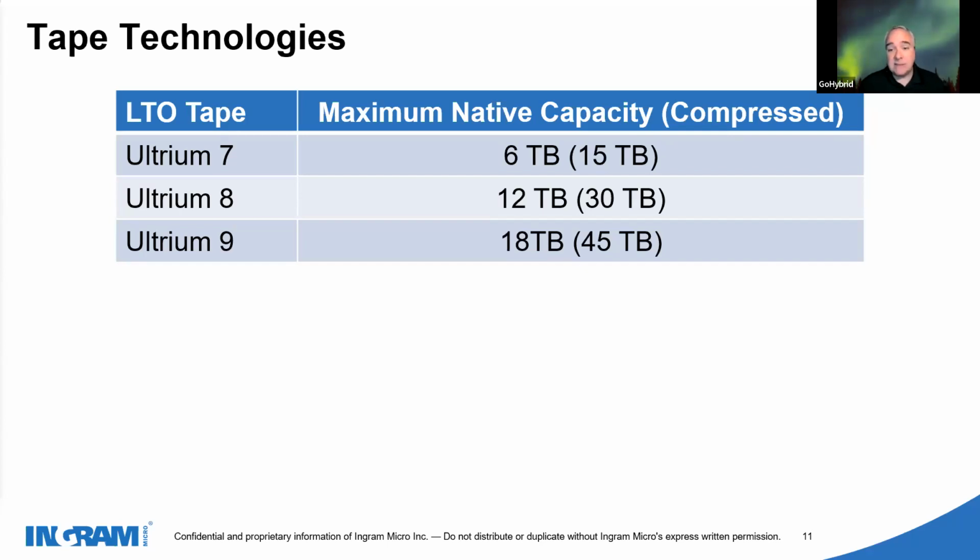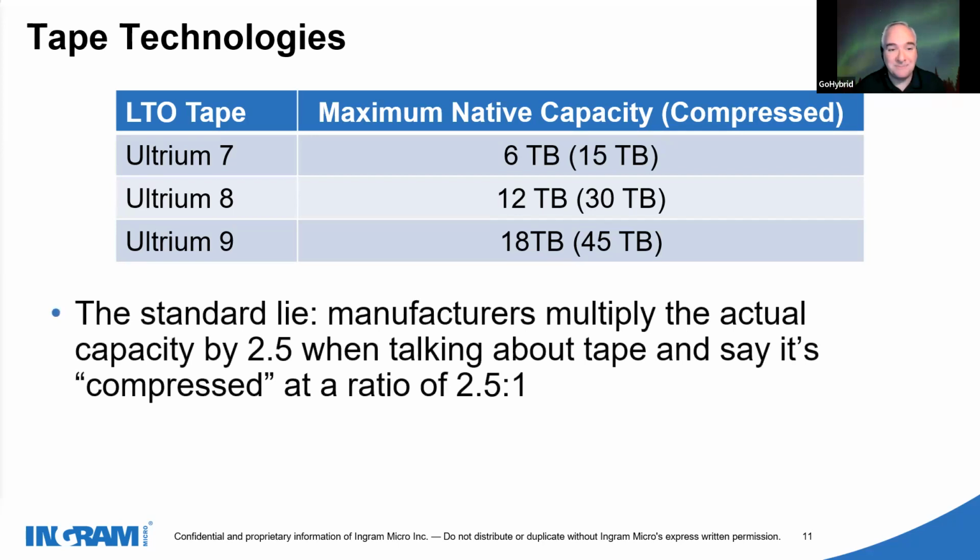What I have listed in parentheses after it is the approximate compressed capacity. And what I mean by that is there is a standard lie in the tape industry. All tape manufacturers will take the native capacity of their Ultrium tape and multiply it by 2.5 and say, this is the approximate capacity you will get if you're using compression.